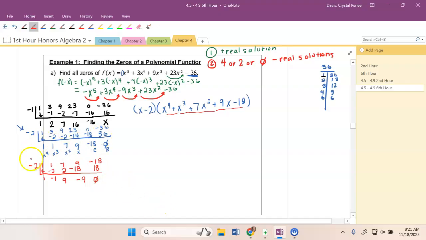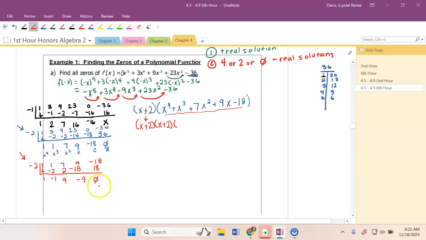Okay, so I know that -2 is essentially a 0 twice. Oop, this should be a +2, sorry, which means that x plus 2 is a factor. So I have my x plus 2 from before that I carried down. This means here that x plus 2 is a factor.